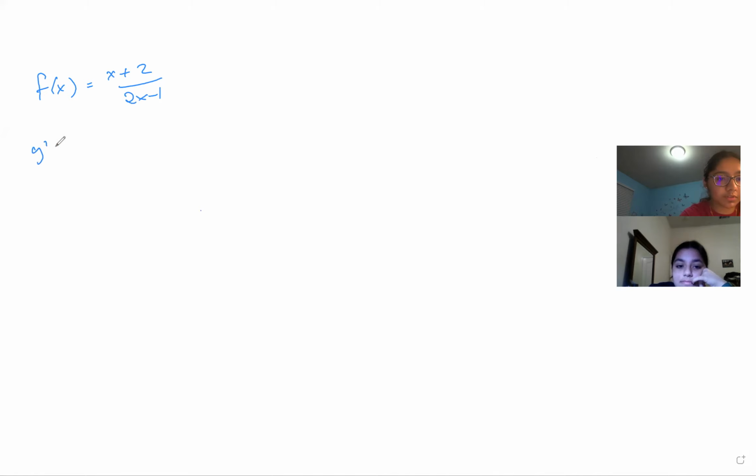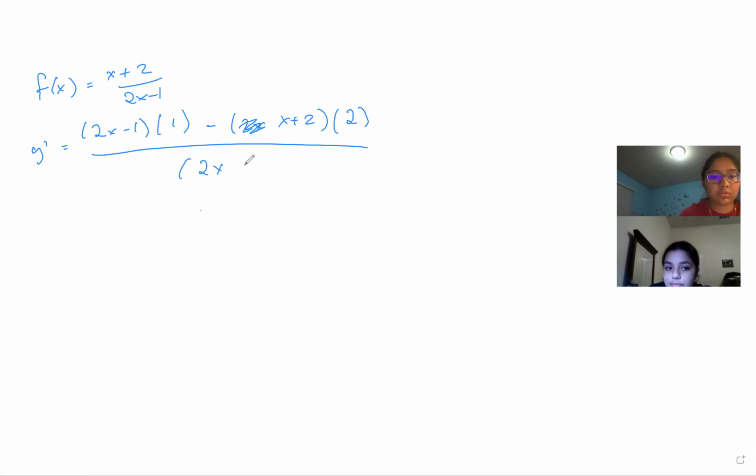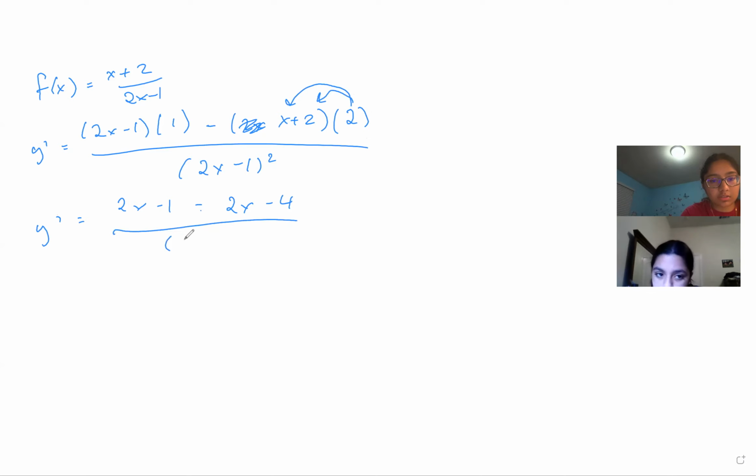So first let's do y prime equals v u prime minus u v prime over v squared. x plus 1 minus 2x minus 4. I just distributed this and then subtracted it. And then 2x minus 1 squared.